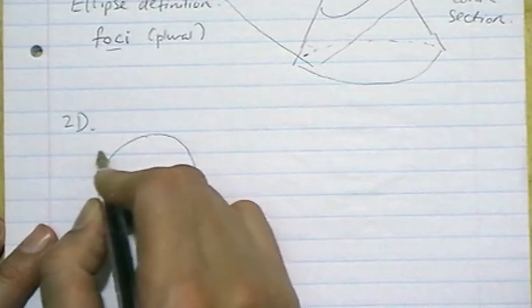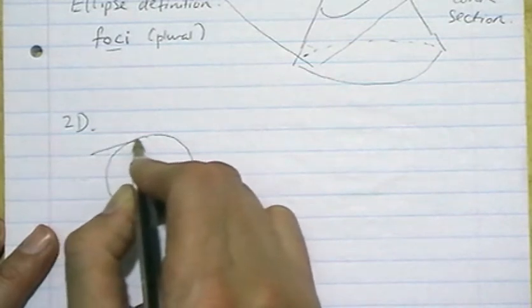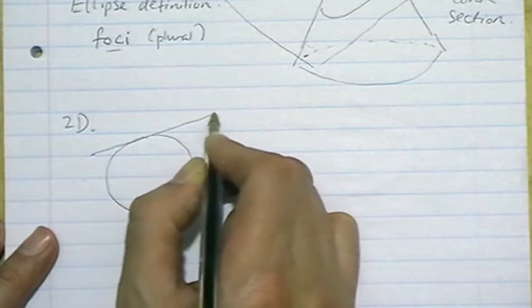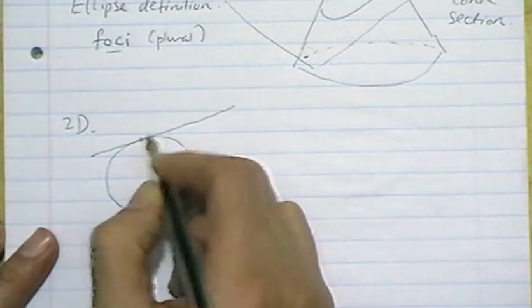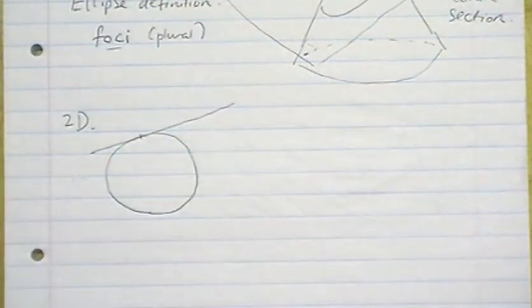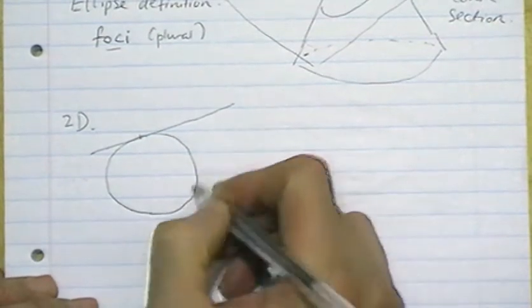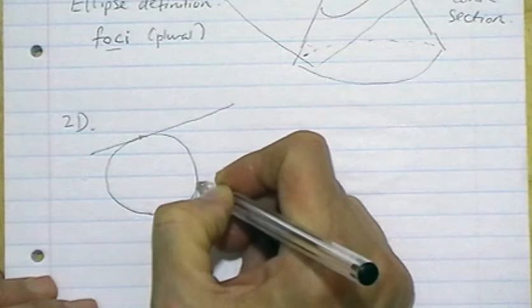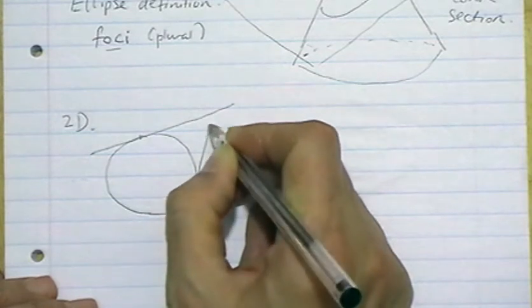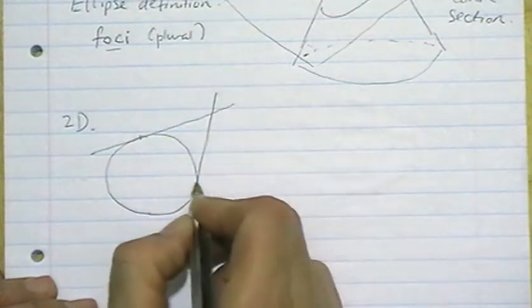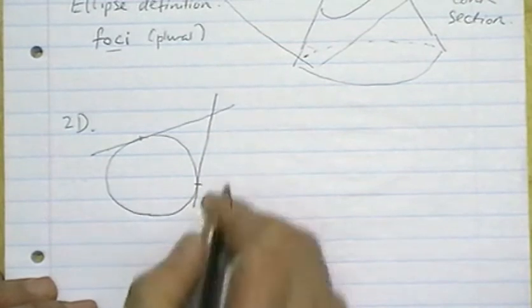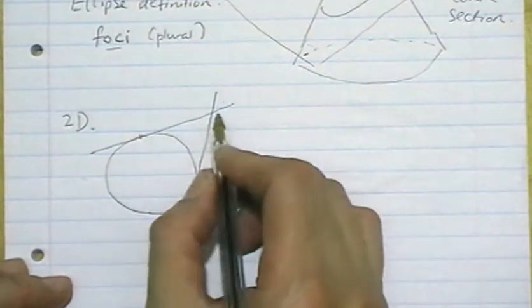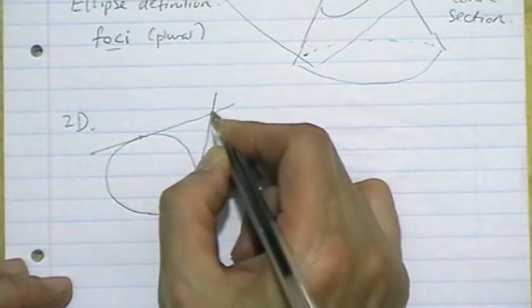One line goes this way, touches the circle at this point. Another line goes this way, touches the circle at this point. And those 2 lines cross at that point.